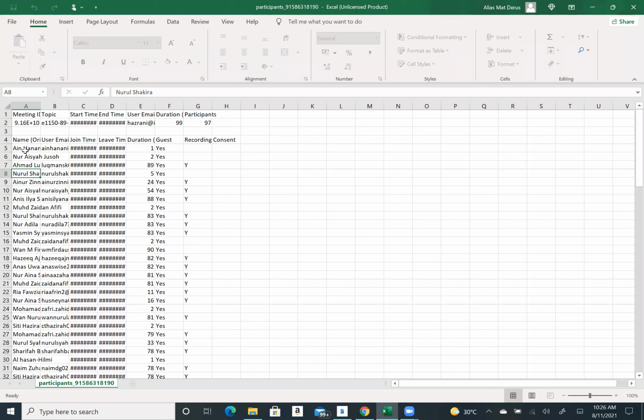So for example, this student here, Ain Hanani, for now I don't know the section number, so it is difficult for me to get your name. And she only came for 1 minute. I said earlier, if you want to come 1 minute, better don't come, because that is considered as absent.